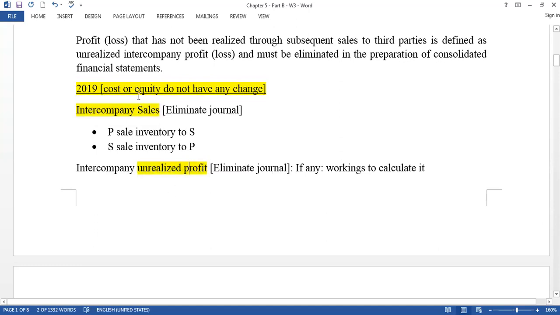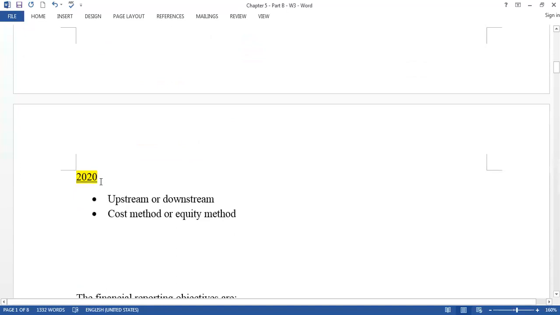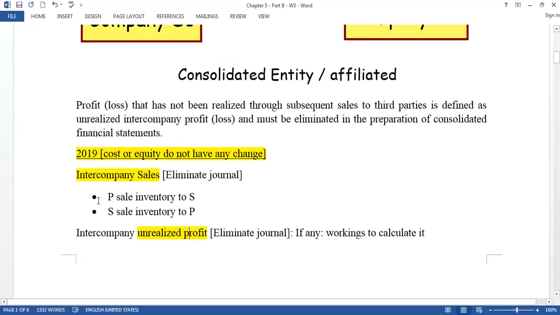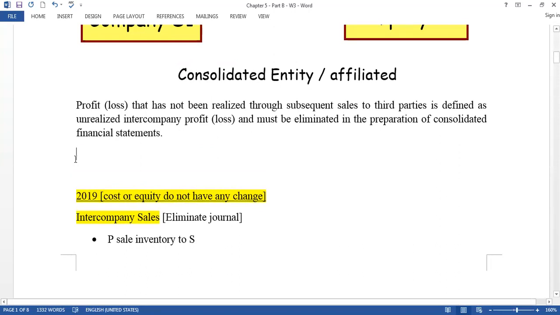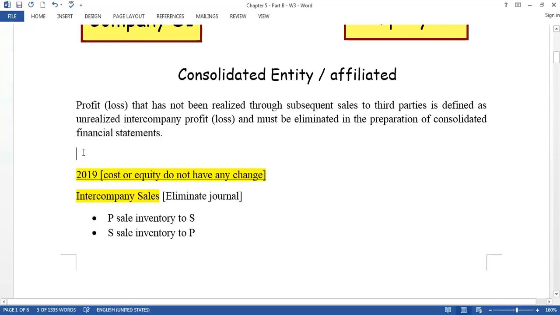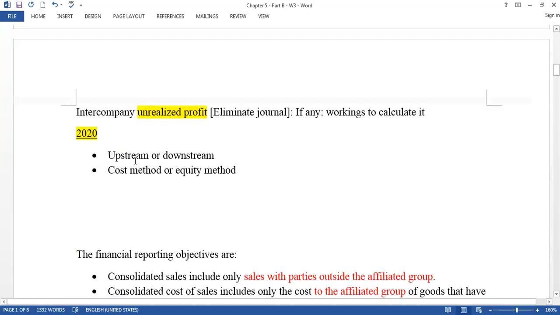But whenever we go from 2019 to 2020, or if we come from 2018 to 2019, that means when we shift from one year to another year, then we have to find out first whether it is upstream or downstream.